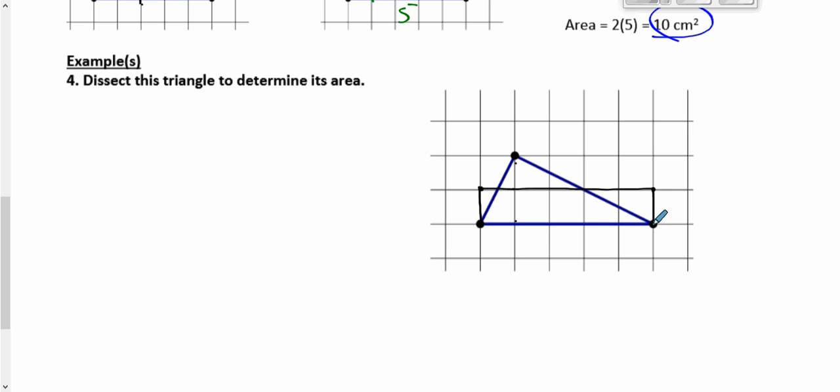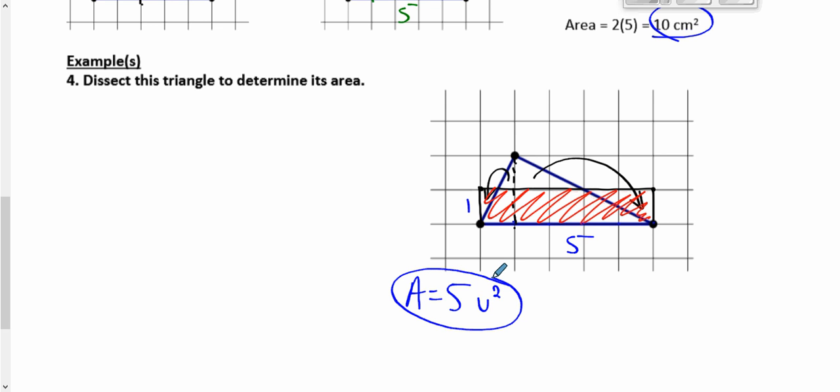And if we kind of sketch that in there, we can think of rotating that portion down here, rotate this portion down here, and we now have a rectangle, just kind of shaded in here, that has the same area as our original triangle. It's half the height. So this is 1, 2, 3, 4, 5, and the height is 1. So very simply, the area just equals 5. Well, they didn't give us centimeters or anything, so we'll just say square units.